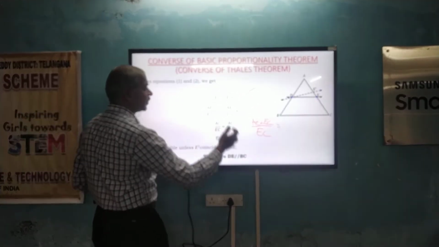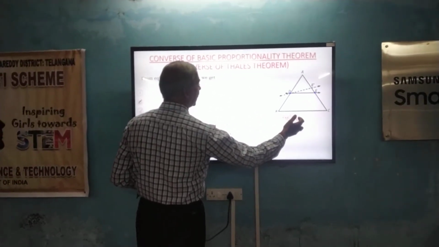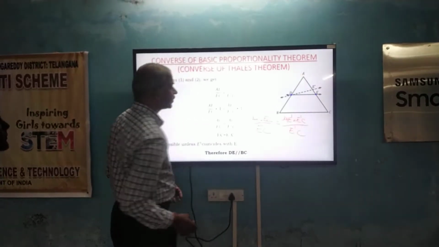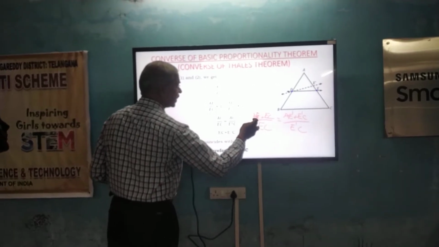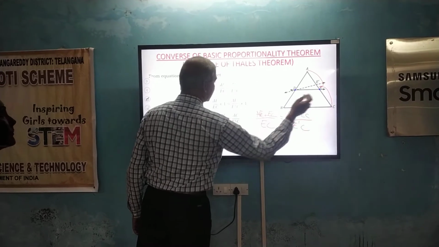This is equal to AE dash plus E dash C by E dash C. But what is AE plus EC? AE plus EC is nothing but AC.